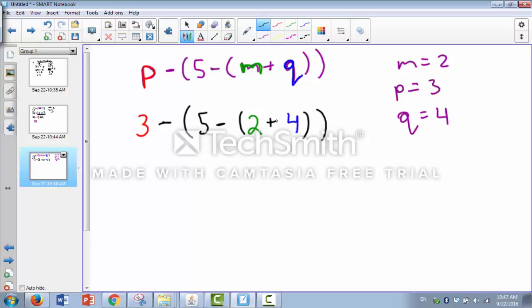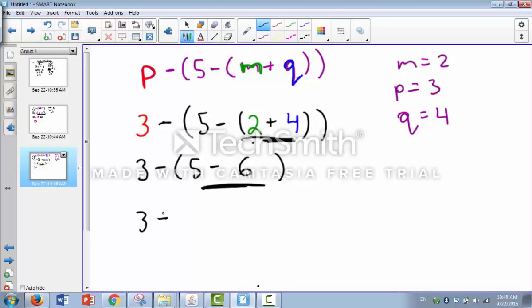So there's a lot of brackets here. You go to the innermost brackets to do them first. And I'm just going to rewrite 3 minus 5 minus 2 plus 4 is 6. And I can actually get rid of the brackets once I solve that. And now we're in these brackets.